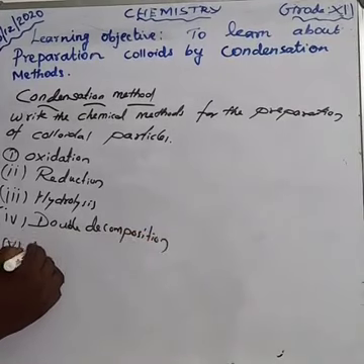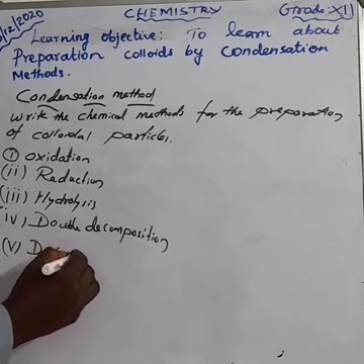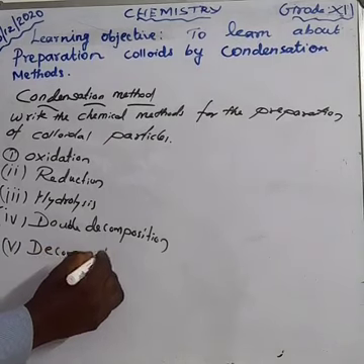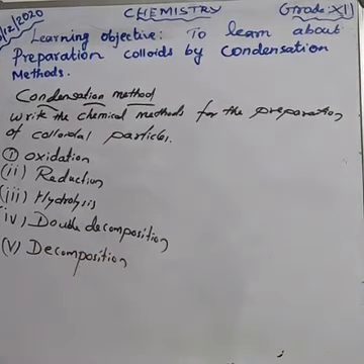Fifth one is decomposition. These are the various chemical methods involved in the preparation of colloidal particles by chemical methods. These are the various processes for the preparation of colloidal particles by chemical methods.